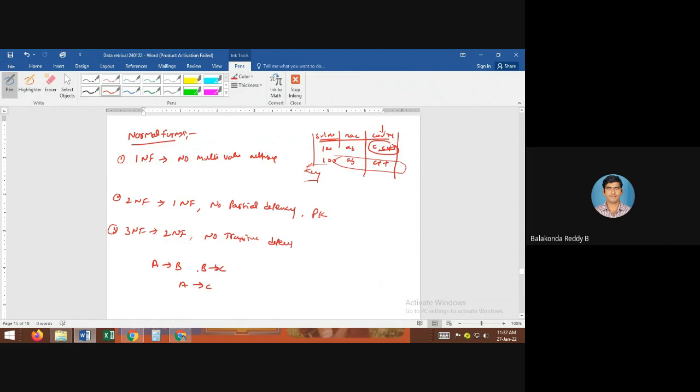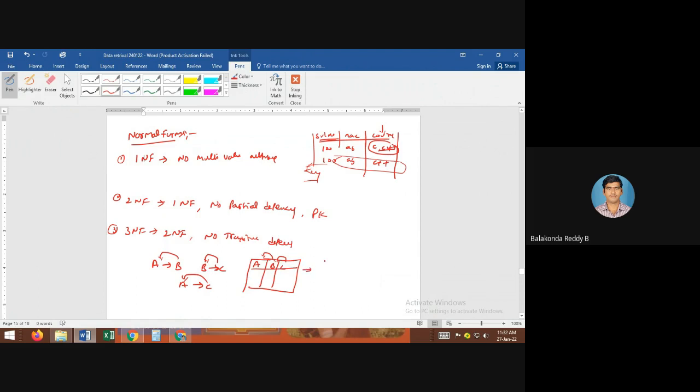So here is a transitive dependency: B depends on A, C depends on B, so automatically C depends on A. Suppose these are the three attributes in a table: A, B, C. B depends on A, and C depends on B. So here a transitive dependency is there. In this case, this table is not in 3NF.